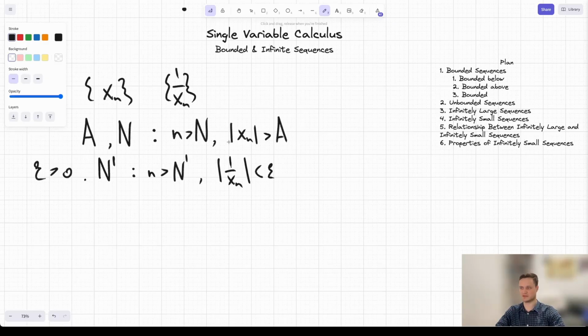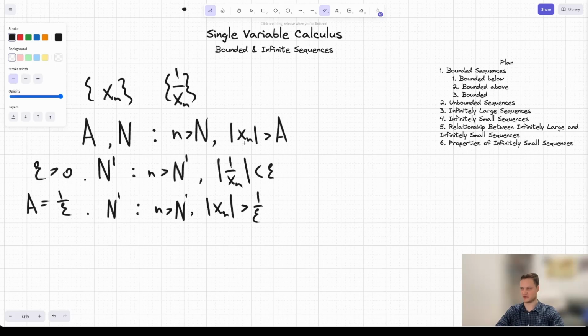We have one infinitely large sequence, and we need to show that the reciprocal of such is an infinitely small sequence. Let's choose a equal to 1 over epsilon. Since this sequence is infinitely large, there exists such n prime that for all indices after it, this inequality holds.